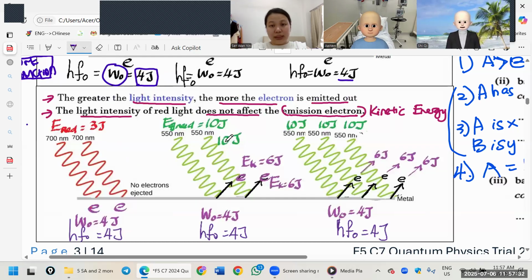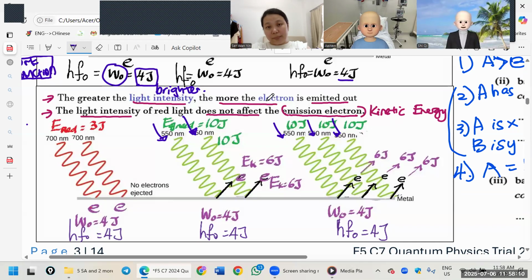For example, this is green light, 10 joules, 4 joules, get up 6 joules. Light intensity means brighter. Brighter means you can imagine this is one green photon, this is two green photon. So this one only got two green photon. Brighter means here you got three green photon. What's the difference?